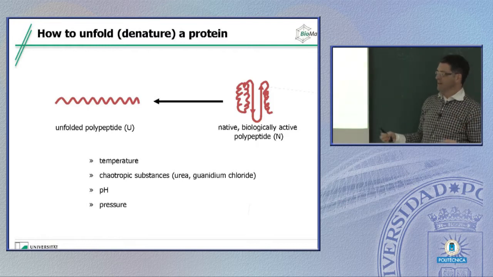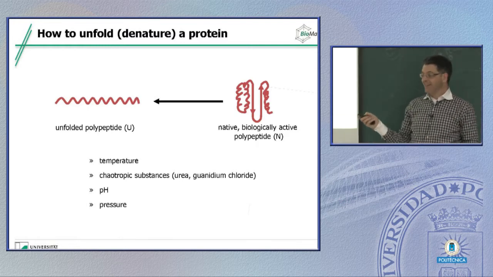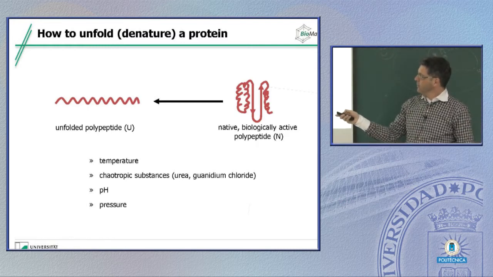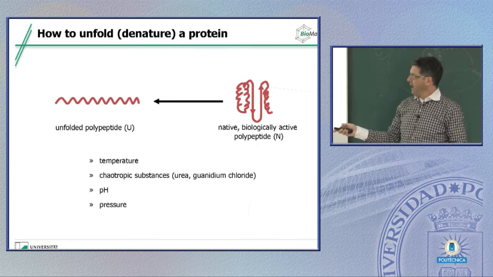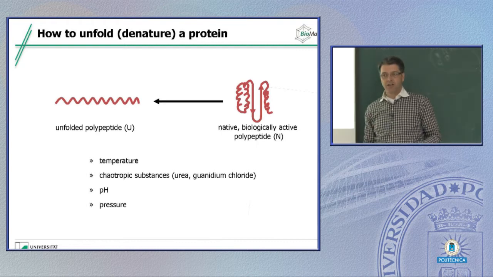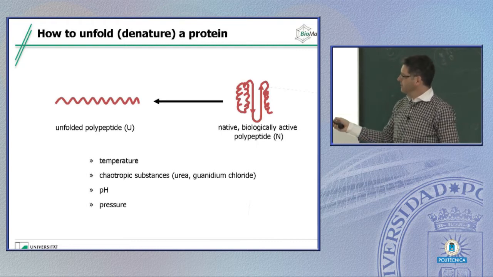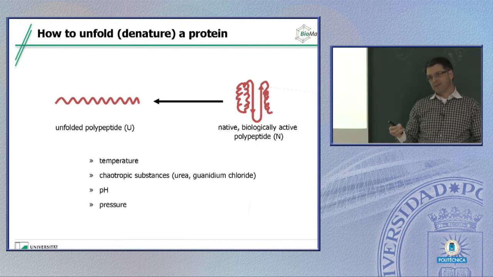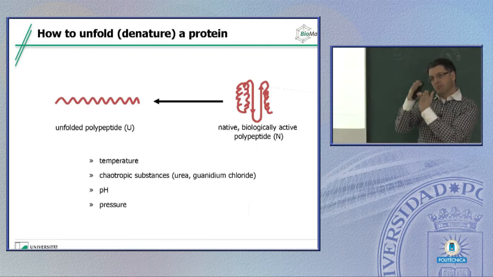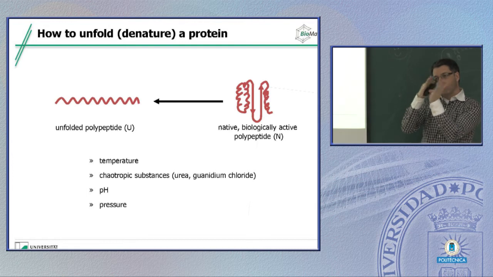You need some very harsh conditions. In that case, you cannot do that with just increasing the temperature or changing the pH or putting on some pressure. The only thing that works are so-called chaotropic substances, substances that interfere with H bonds that are occurring between the amino acids inside the structure.